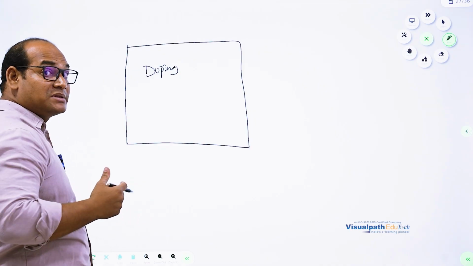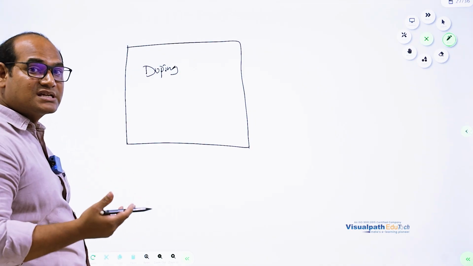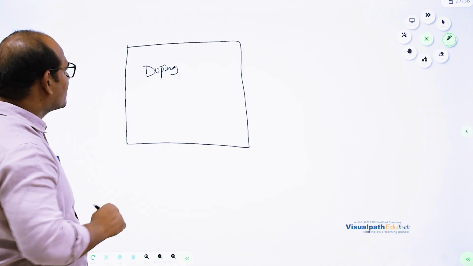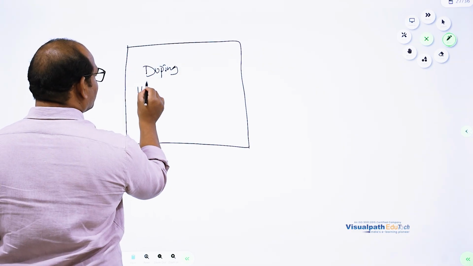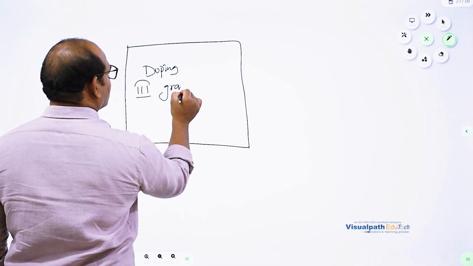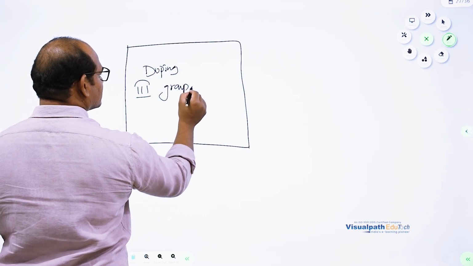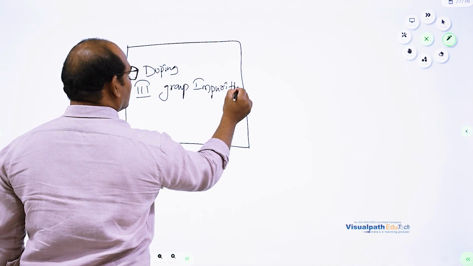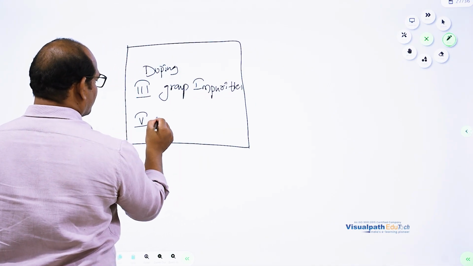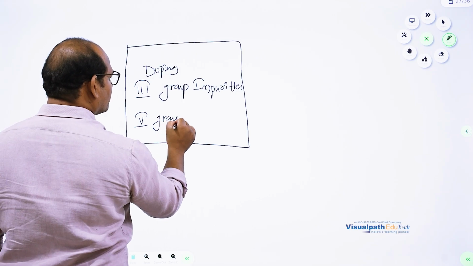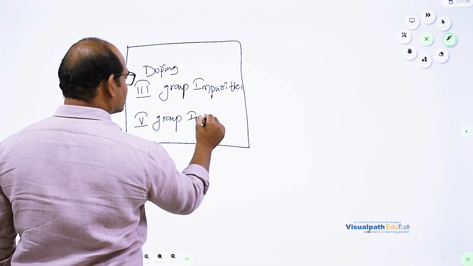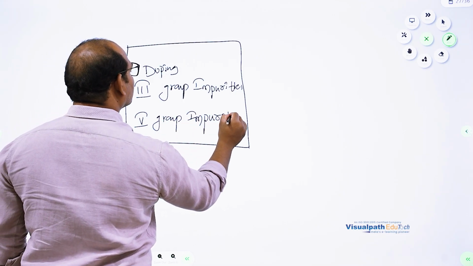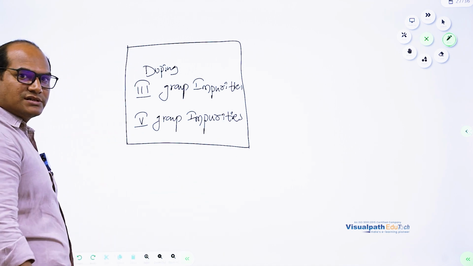Those impurities can be third group impurities, or fifth group impurities. If you take third group impurities, what will you get? Or if you take fifth group impurities, what will you get? That is what we need to see.